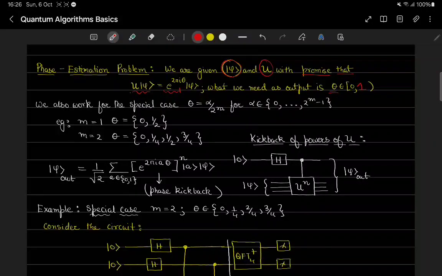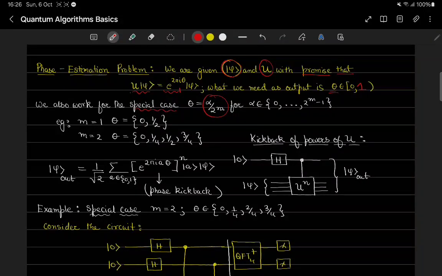So now we will also work for the special case, and we can think of this as a promise or a restriction in our approximation of theta, that we will take theta to be of the form alpha over 2 power m, where alpha is an integer between 0 and 2 power m minus 1.